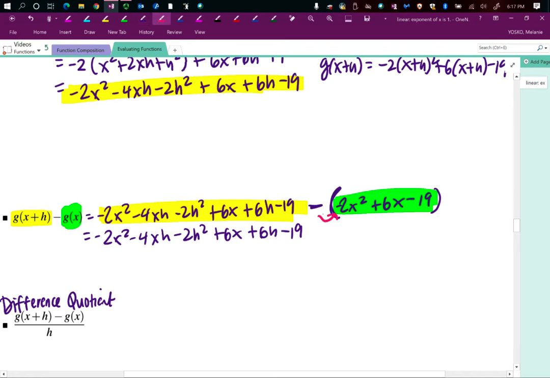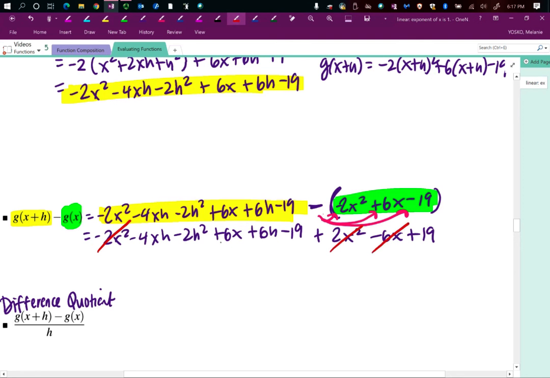We have a negative times a negative. That's going to give us a plus 2x squared minus 6x plus 19. You see that negative really just gives us the opposite sign of everything we had. So since we did that, we know every single term that does not have an h in it will cancel, or we messed up. 2x squared and negative 2x squared cancel out.